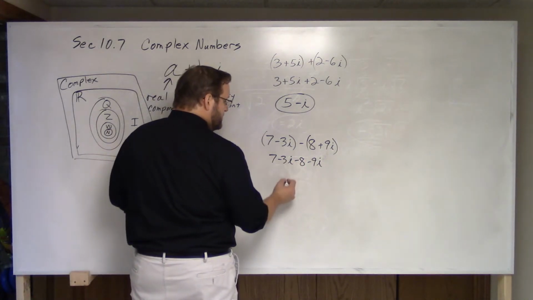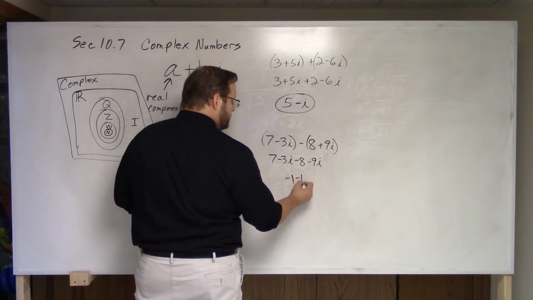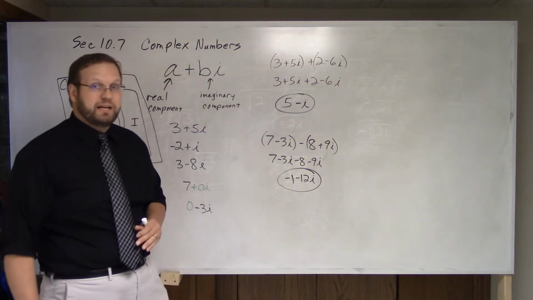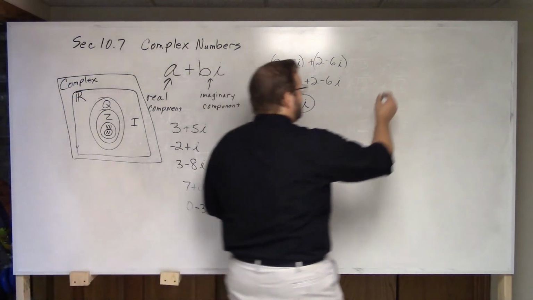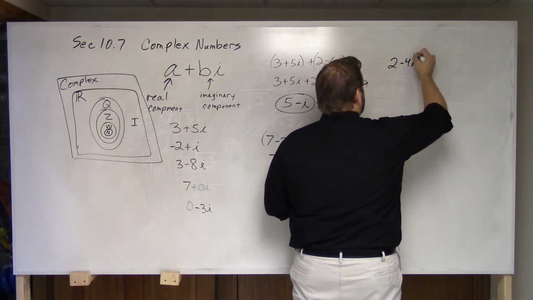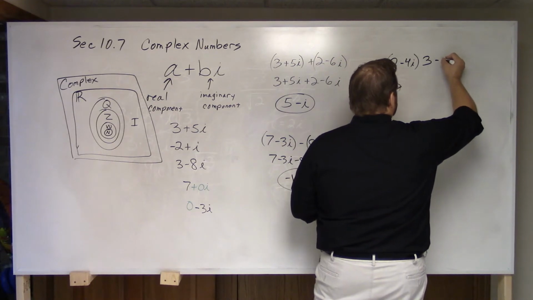So 7 minus 8 is negative 1. Negative 3 minus 9 is negative 12i. It's as simple as that. Let's say we're multiplying. Let's say we have 2 minus 4i times 3 minus 5i.